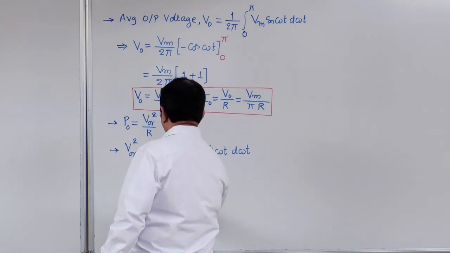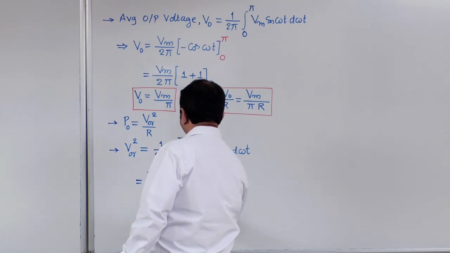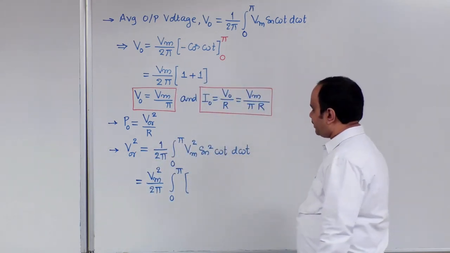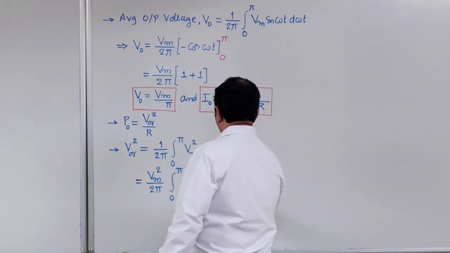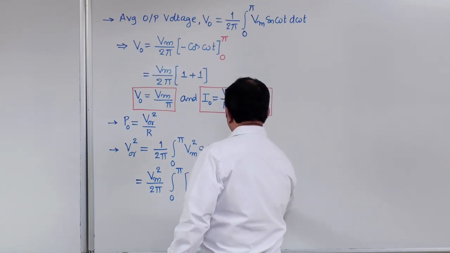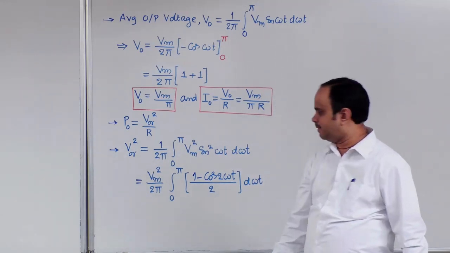Therefore, it will give you Vm square divided by 2 pi, limits from 0 to pi, sin square omega t is 1 minus cos 2 omega t divided by 2 d omega t. Okay.